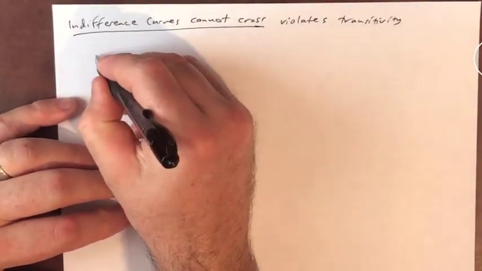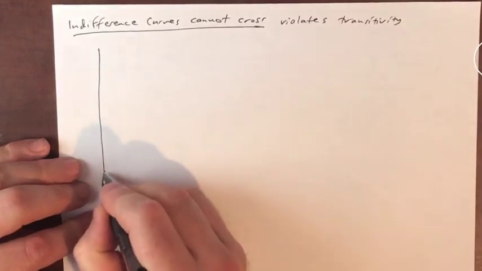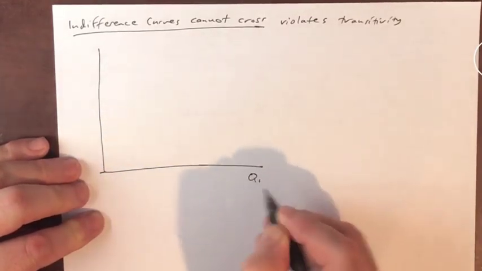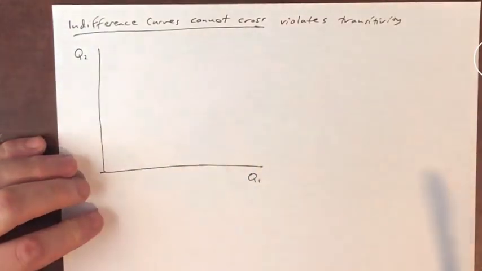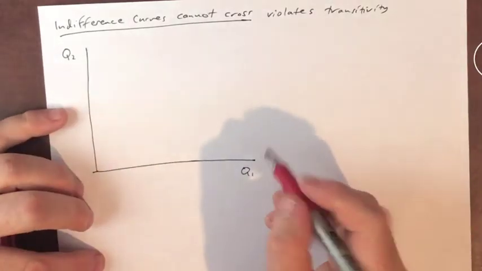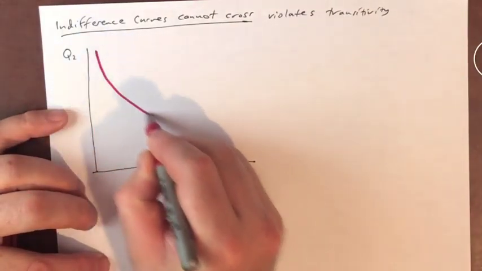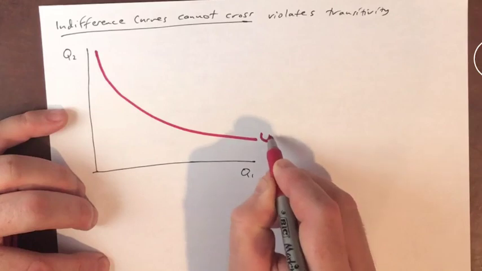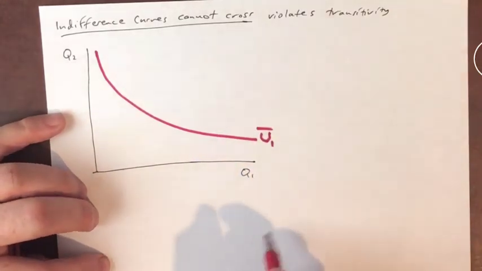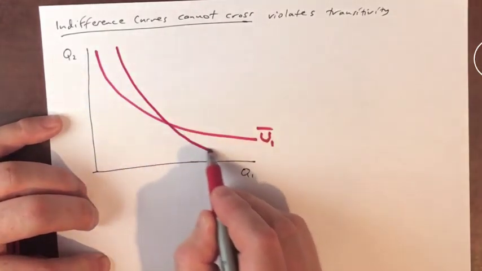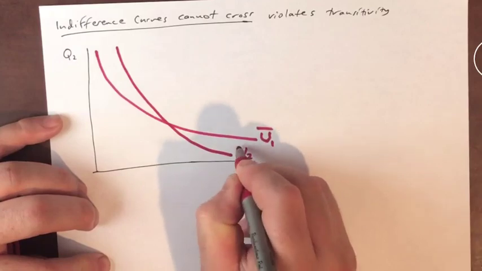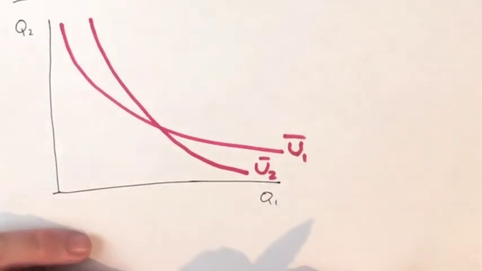That's our second assumption. The number's not really that important, right? All right, let me show you why. So here's our graph, okay, Q1, Q2, and let's imagine that we have these two curves on here like this, okay? This is indifference curve 1 and indifference curve 2. This causes a problem for us, right?